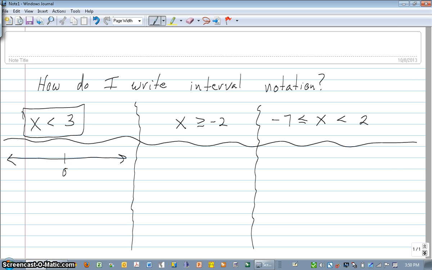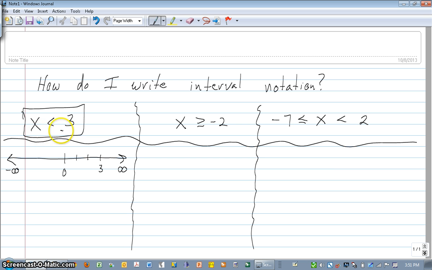And remember that the arrow pointing all the way to the left is pointing to negative infinity, and the arrow pointing all the way to the right is pointing to positive infinity. This doesn't have to be exact, but 1, 2, 3 is somewhere about right there.